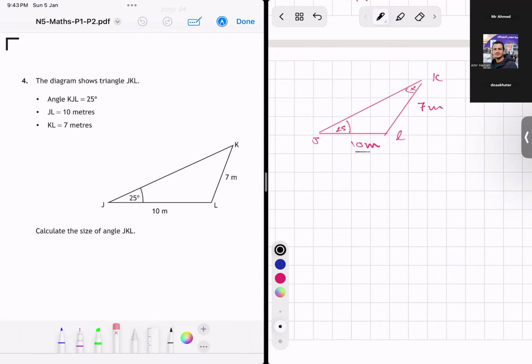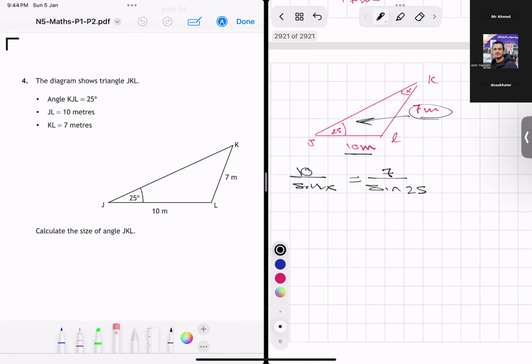I got the side already. So it's going to be 10 divided by sine X, right? Which equals 7 divided by sine 25. And then you have to use cross multiplying.